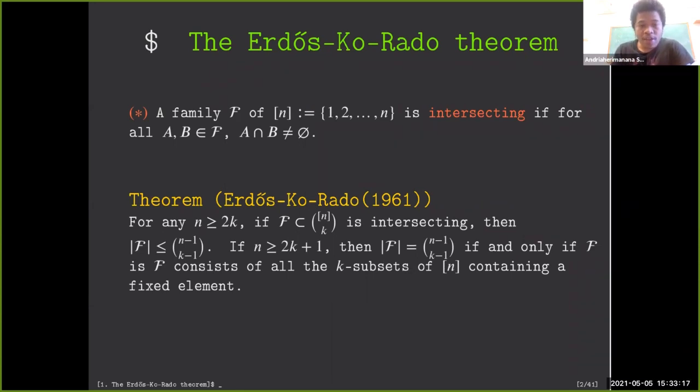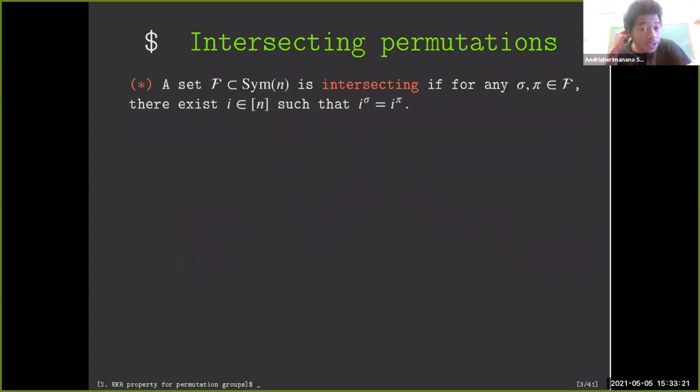So this theorem can be extended to permutation groups, and this is how we do it. Two permutations are intersecting if they agree on some element i of the set N, and a set of permutations in the symmetric group is called intersecting if any two permutations there intersect.